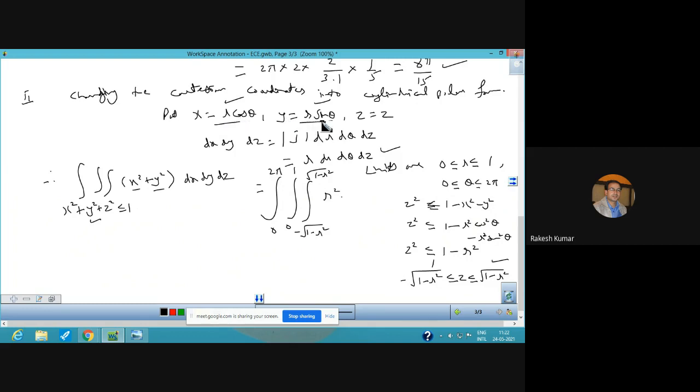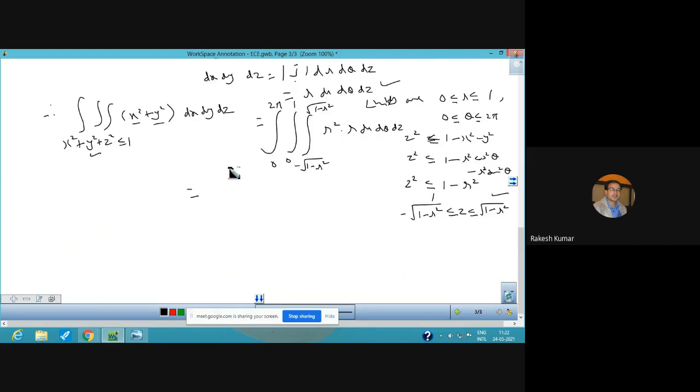Squaring and adding here, after substitution x square plus y square you will have r square, into the value of Jacobian we require. So Jacobian is r dr d theta dz. The new variables of a cylindrical integration are r, theta, z. So 0 to 1, 0 to 2 pi.